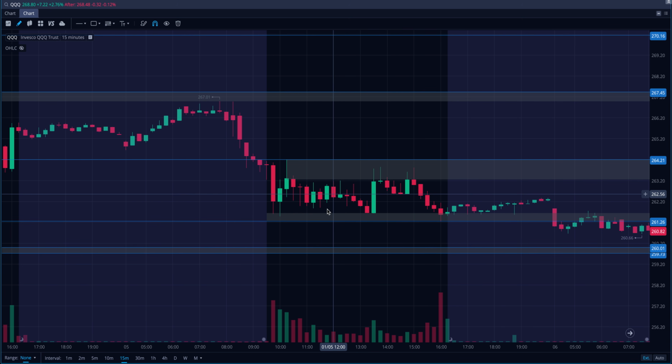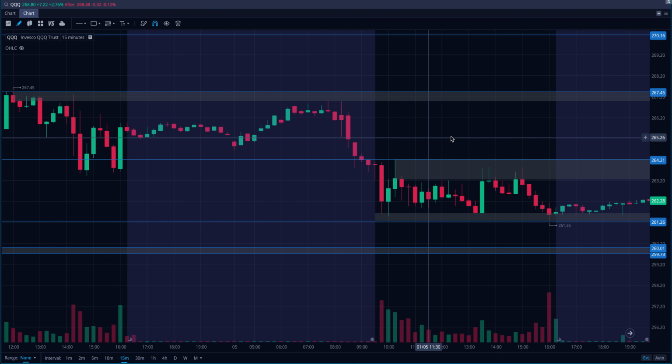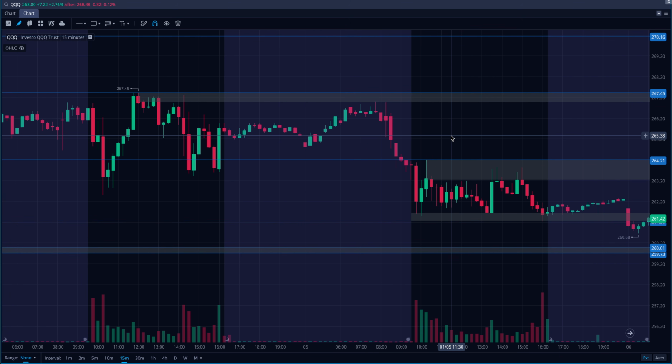Because this range was so tight on Thursday, I went back an extra day. So this is Wednesday, and I did the same thing. I took the high of the day wick to the following candle body, and I made that my next resistance area. So if we broke out of Thursday's high, I'm looking at 267.45.